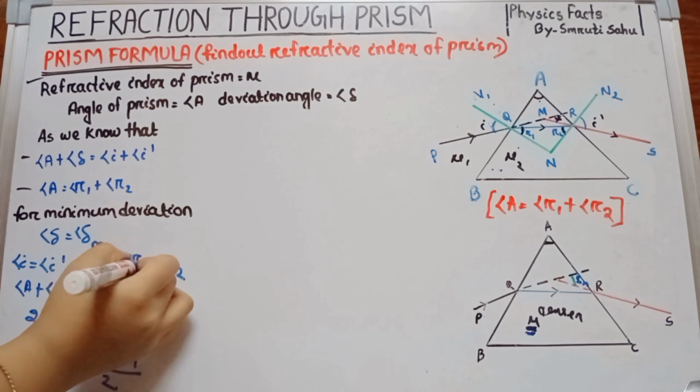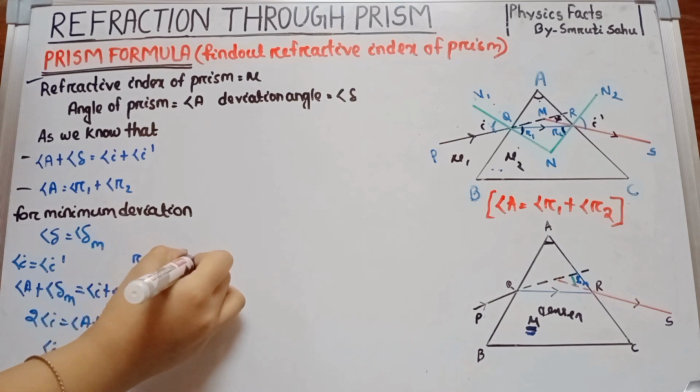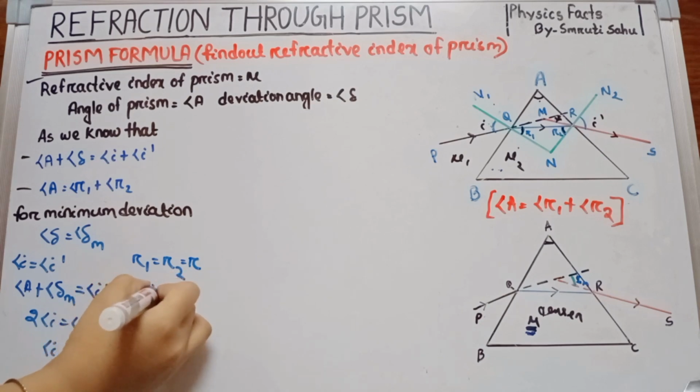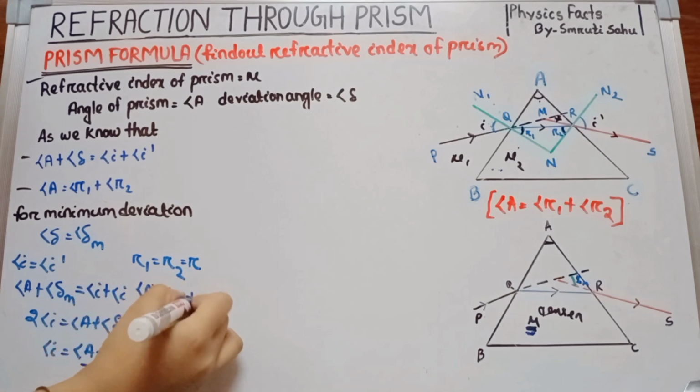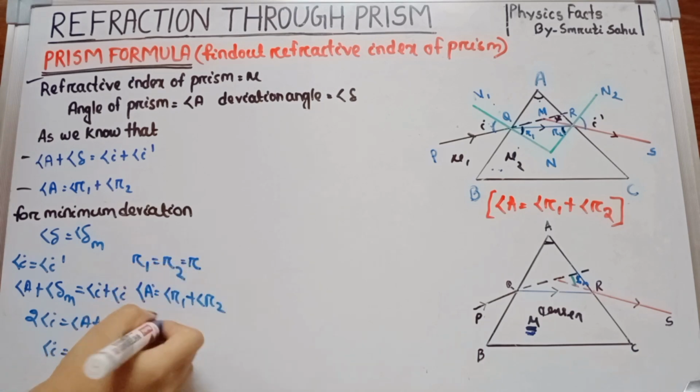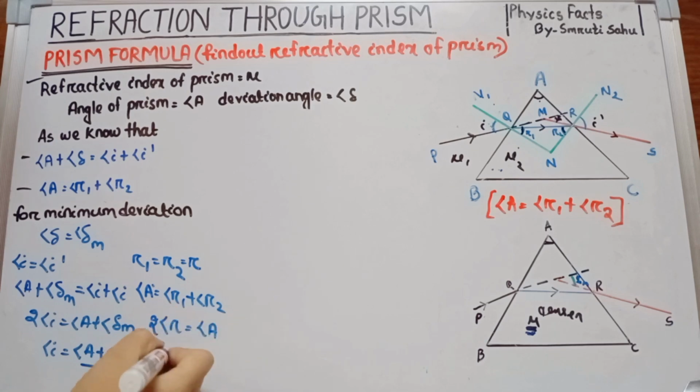Now, we also know another condition, that R1 equals R2. We take R1 equals R2 as R. So, we know that angle of prism A equals angle R1 plus angle R2. In the case of R1, R2, we put R. That means 2R equals A. Then what is R? R equals A by 2.